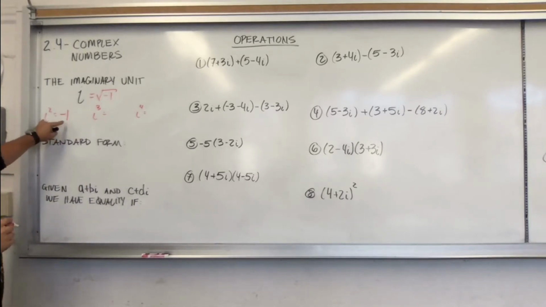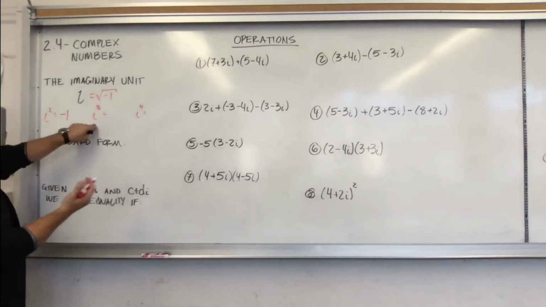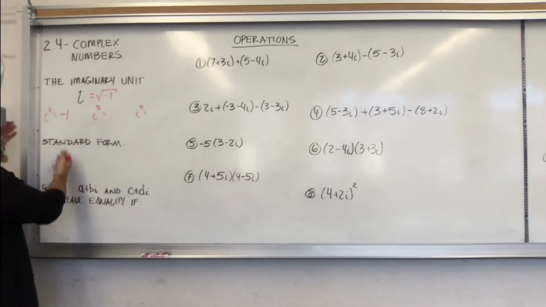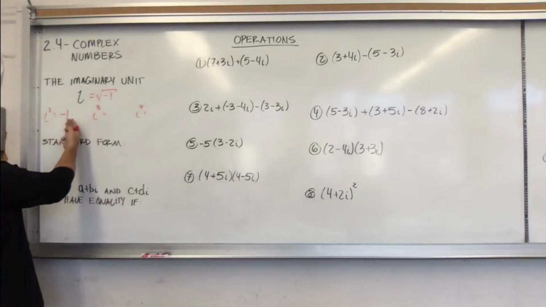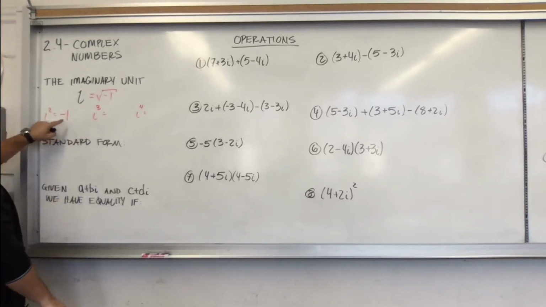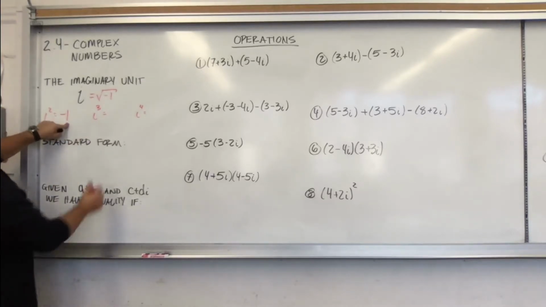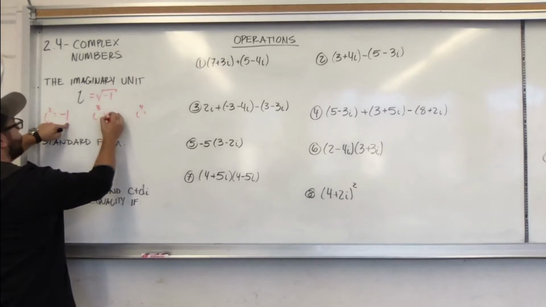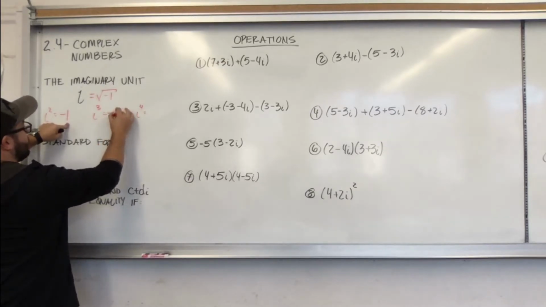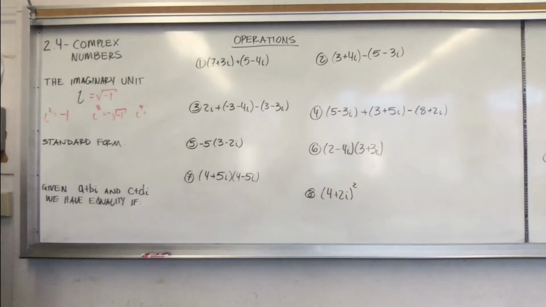Now, if we were to multiply this i squared by another i, thus making it i cubed, we need to do that on both sides. Then ultimately we're going to have negative i on the left, sorry, on the right, which gives us the negative of the square root of -1.